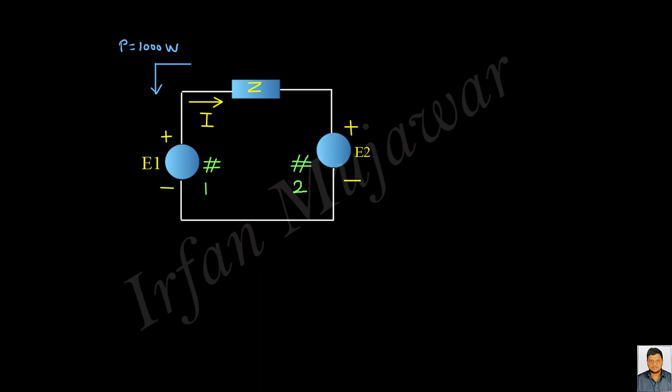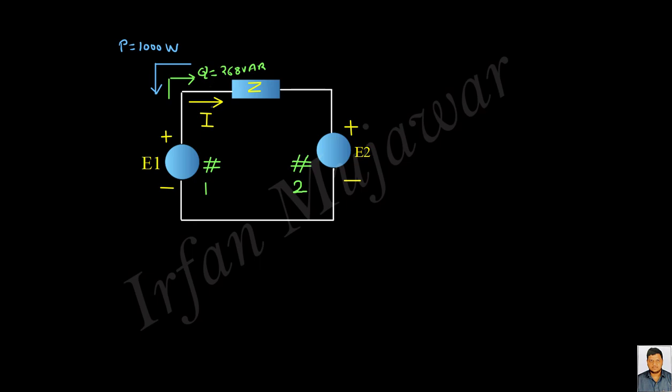Now it is delivering the reactive power. I will use green color for reactive power. The direction will be this direction. So reactive power Q is 268 var. So machine 1 is taking 1000 watt and delivering 268 var reactive power.